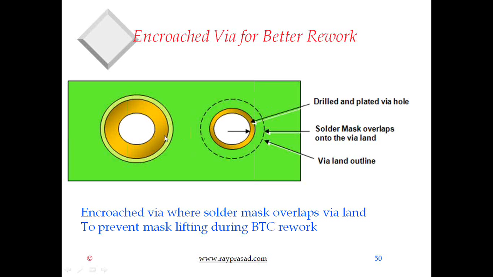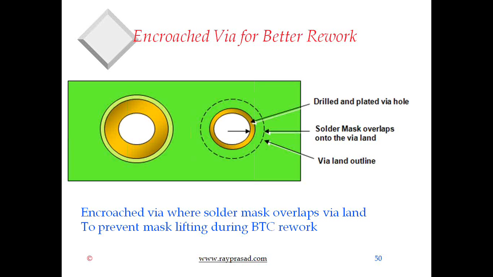Now, this is different than a few slides earlier where I talked about making sure the solder mask stays away from the pad. Now I'm saying that, hey, for a rework, making the solder mask go over the pad is okay. So these are the pros and cons of this.